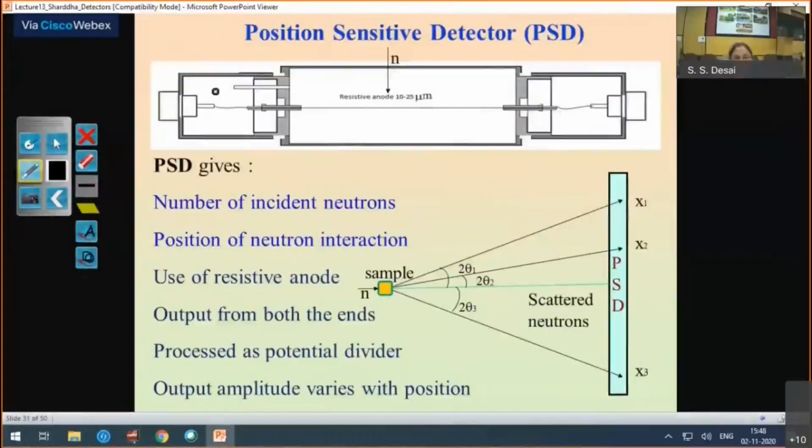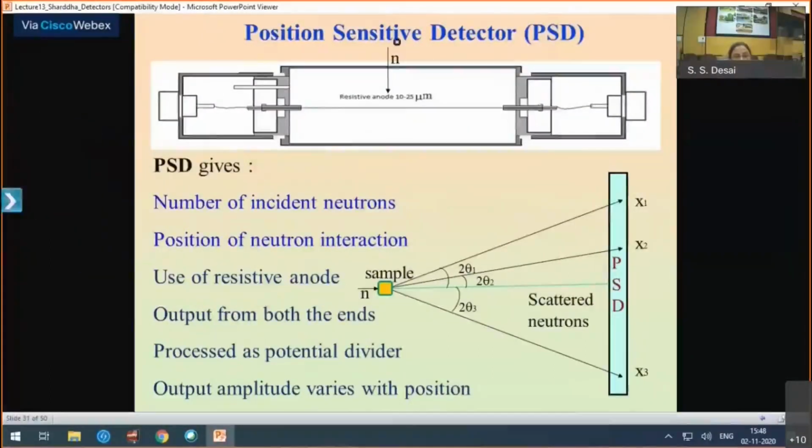So how do we convert a simple counting detector to a position sensitive detector? When we were using a thin wire in the simple cylindrical detector, it was a single-way output and there was no resistance in this wire. So we were integrating all the neutrons falling in the total sensitive area.